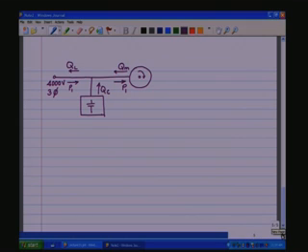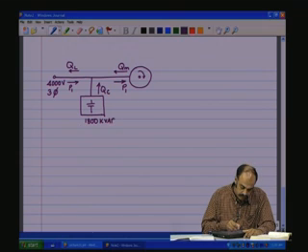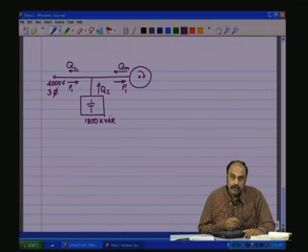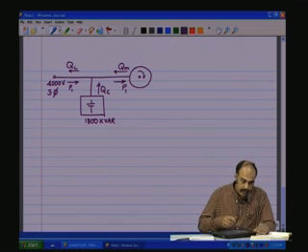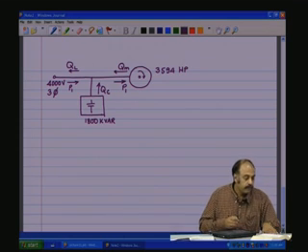Now, let us say that this capacitance network is rated for 1800 kVAR, that is the reactive power, and let us say that the motor is rated for 3594 HP. I am taking it from this book.